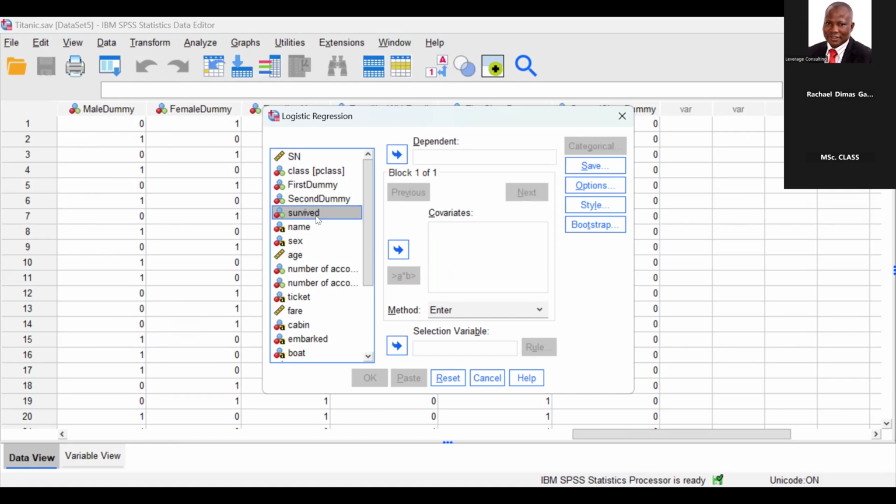Move it up with that arrow up, in front of serial number. For covariates, you can put age as a raw value there, the way it is. Age as covariate.